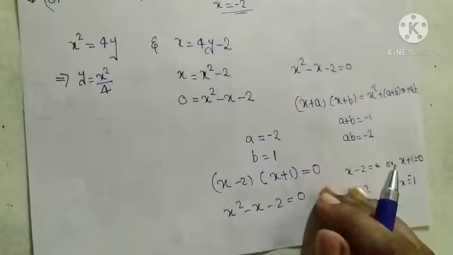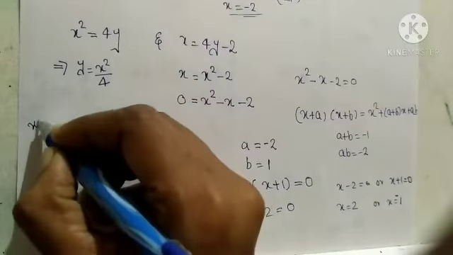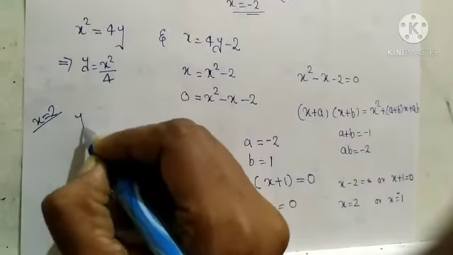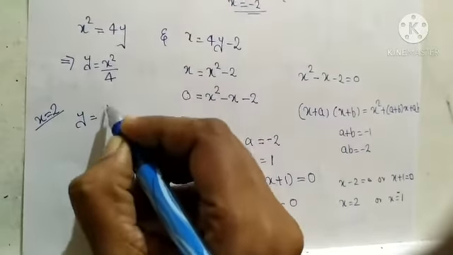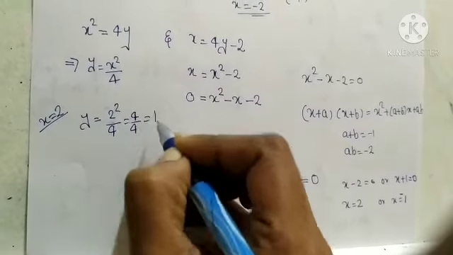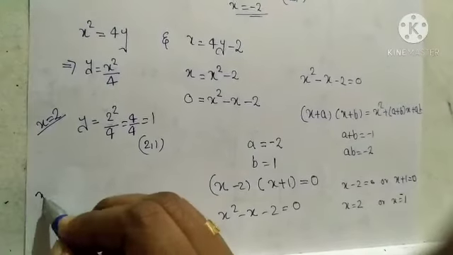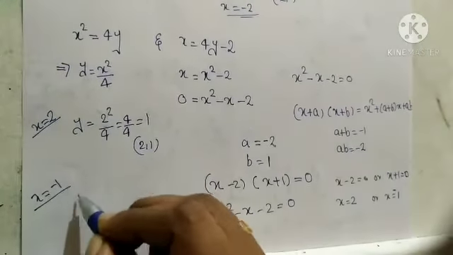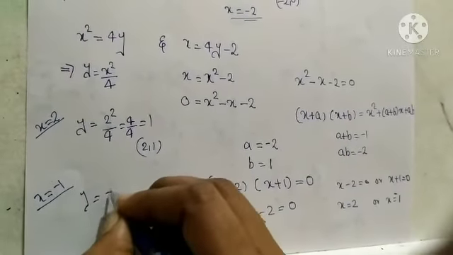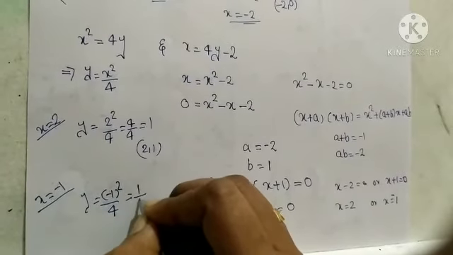right? So next I am going to find out the points. So at x equal to 2, y equal to, using this formula, 2 square by 4, that is 4 by 4 equal to 1. So first point is 2 comma 1, and at x equal to minus 1, y equal to minus 1 all square by 4, or 1 by 4.